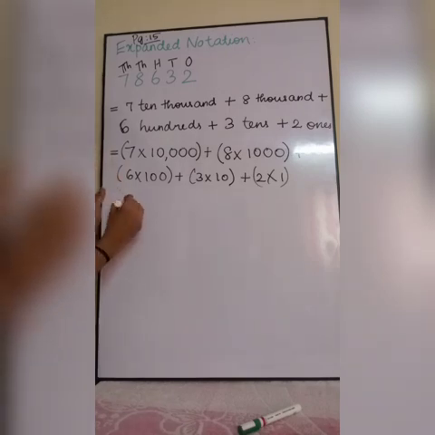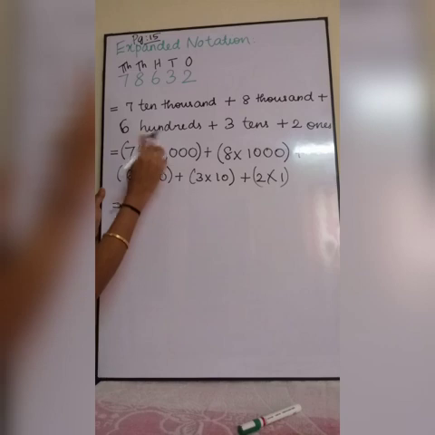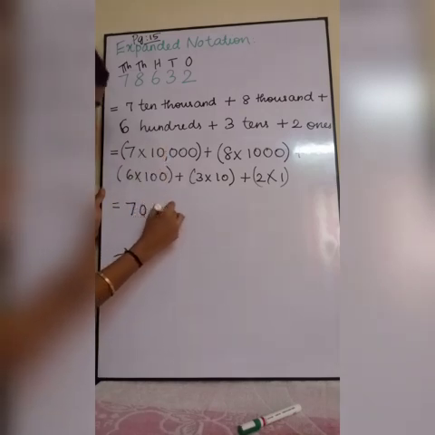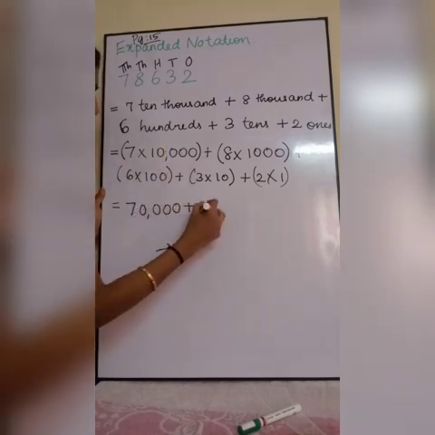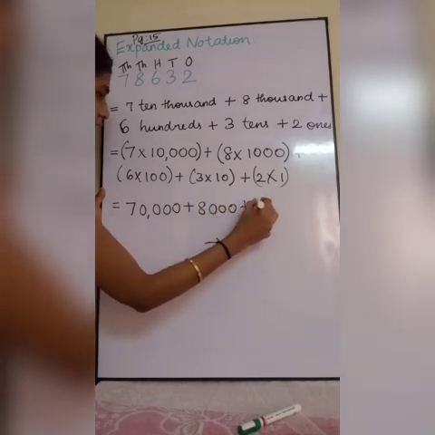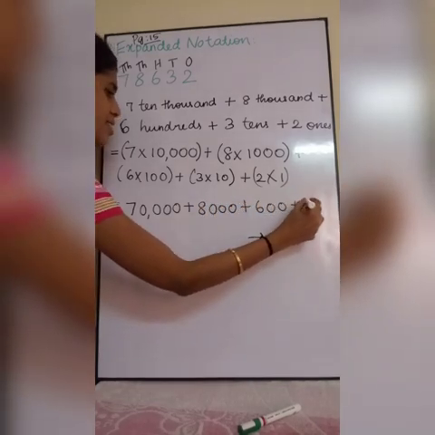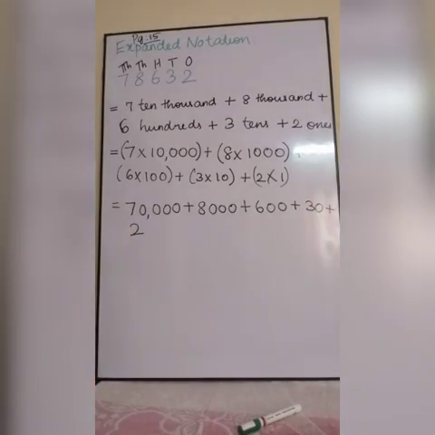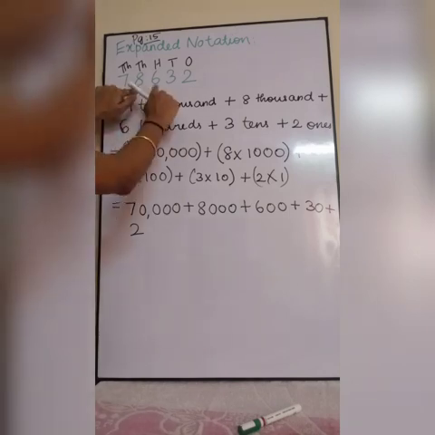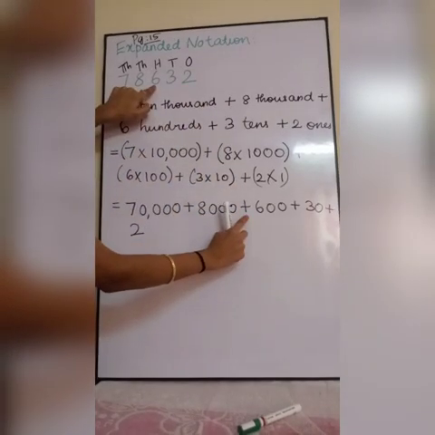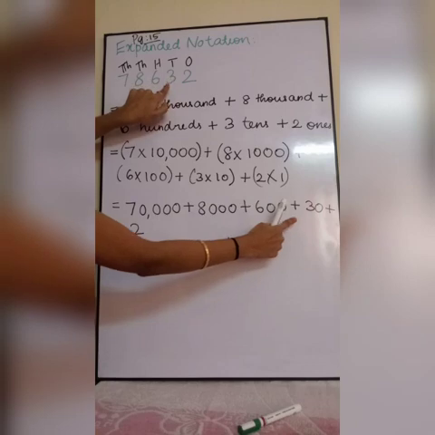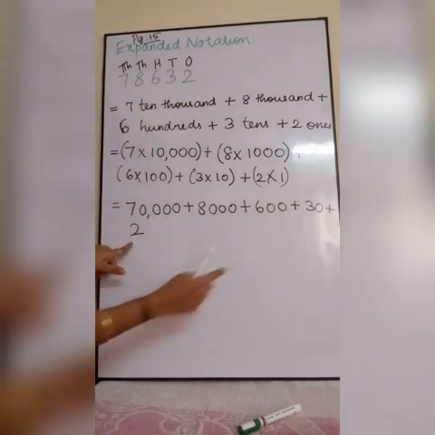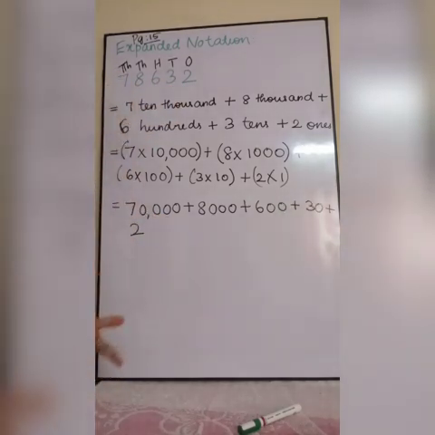Next, another way: instead of writing 7 into 10,000, you can write it as 70,000 plus 8,000 plus 600 plus 30 plus 2. Listen how I have written: 70,000 plus 8 with 3 zeros plus 6 with 2 zeros plus 3 with 1 zero plus 2. This will be quite easy when compared to others.